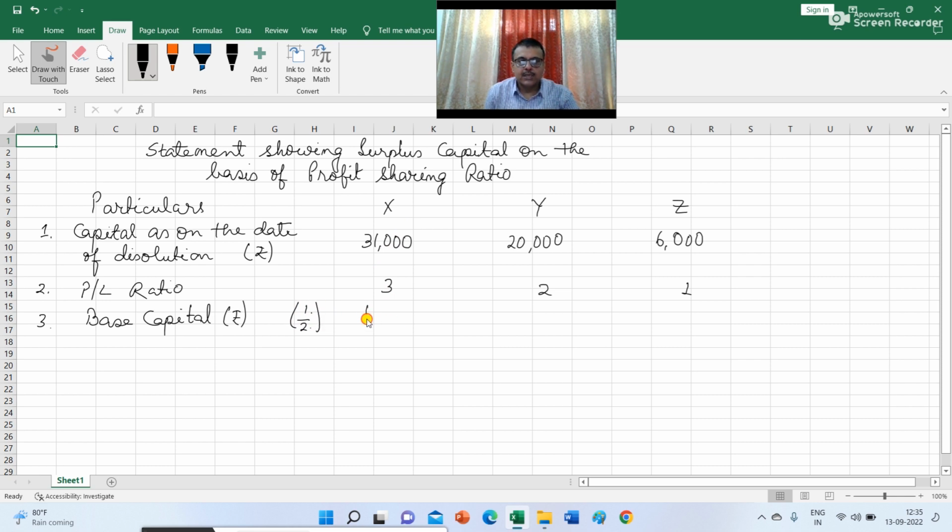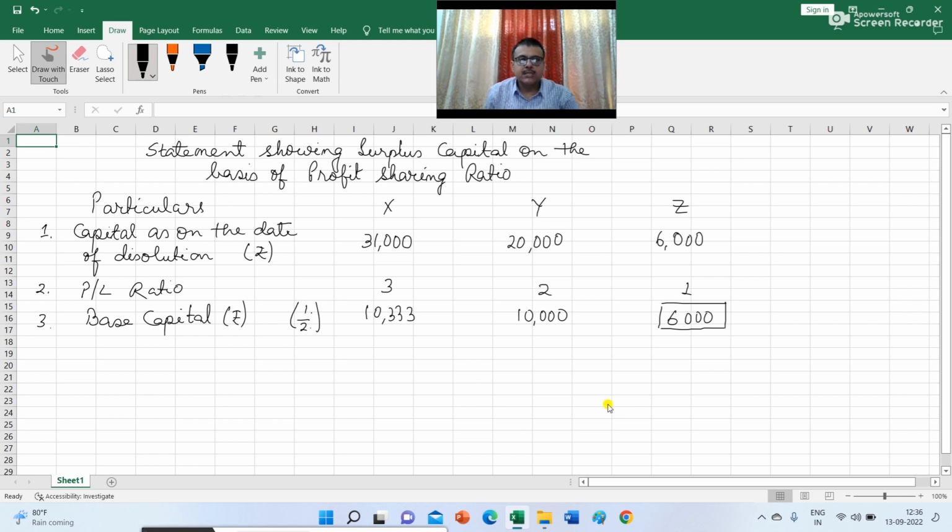So you will get 10,333 of X, 10,000 is the value of Y, and 6,000 is the amount of Z. So which one is the base capital, the minimum of these three amounts? So you can see that 6,000 is the minimum amount. This will be taken as base capital.